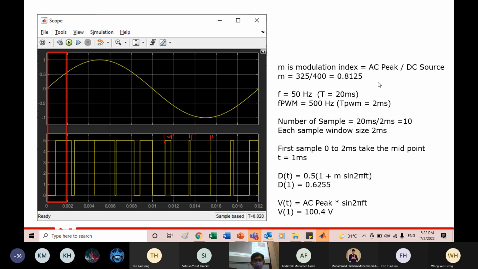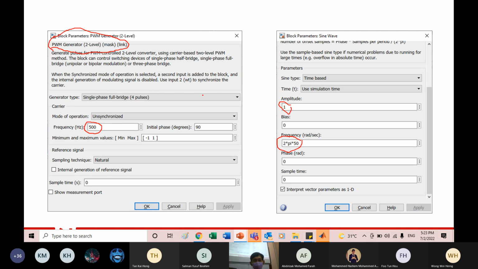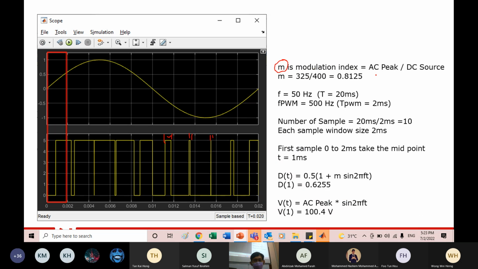Now, how does this modulation work? There is a way to calculate it. The first thing we want to know is the modulation index M. This is very important because you will need to put in the modulation index. The modulation index is equal to the AC peak divided by your DC source.